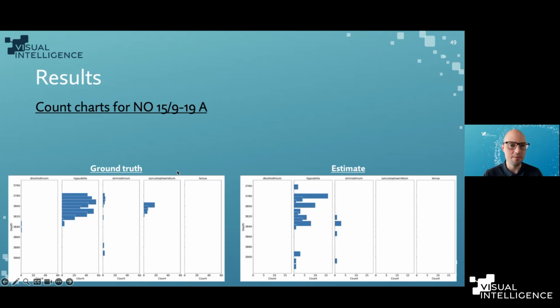And at least from the Rigodella species, it seems that we are onto something, even if the distributions don't really correspond perfectly.